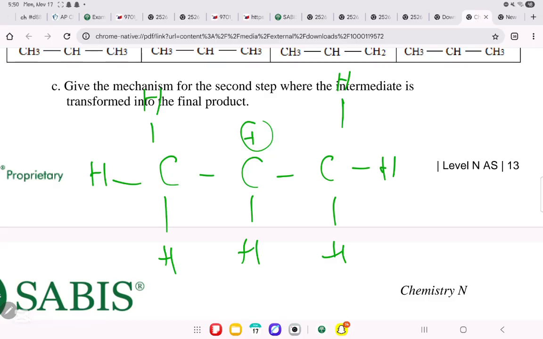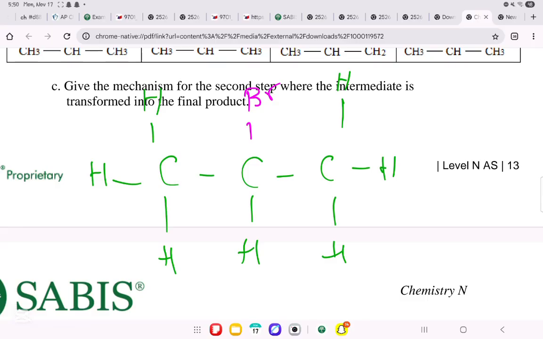We had the Br minus, right? So the Br minus is going to be left with the lone pair of electrons from the HBr. And what will happen? This lone pair will go where? It will go to the carbocation. And what will it form? It will form C3H7Br.